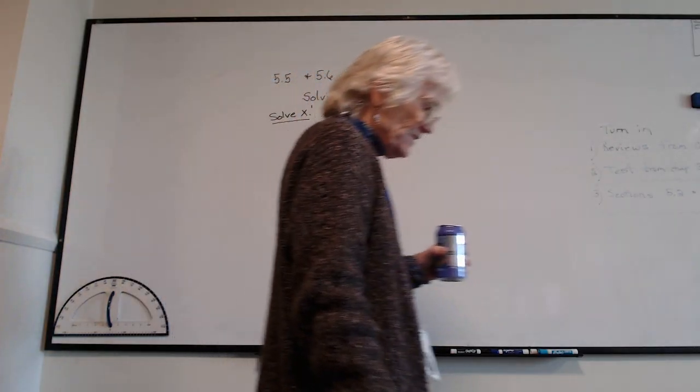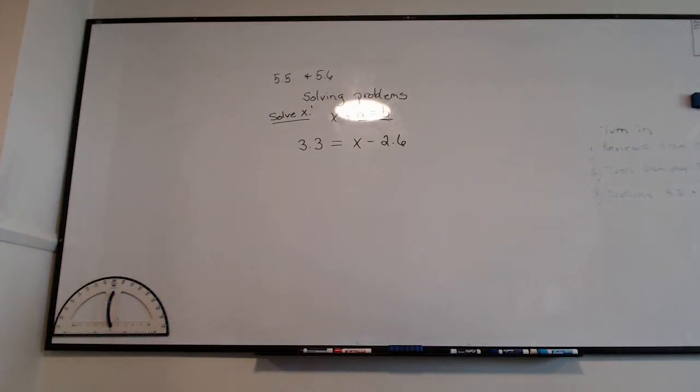Okay, so here's my problem. The problem is 3.3 is equal to some number minus 2.6. We are trying to find out what number, when I subtract 2.6 from it, gives me 3.3.